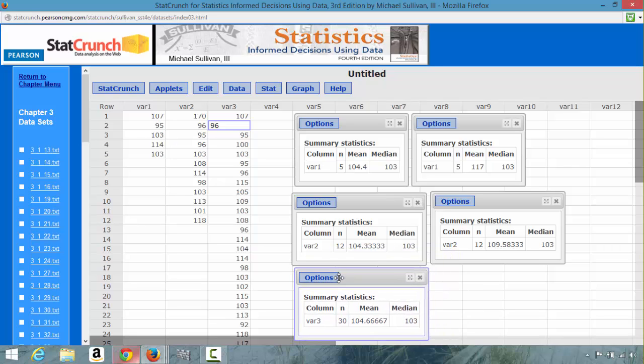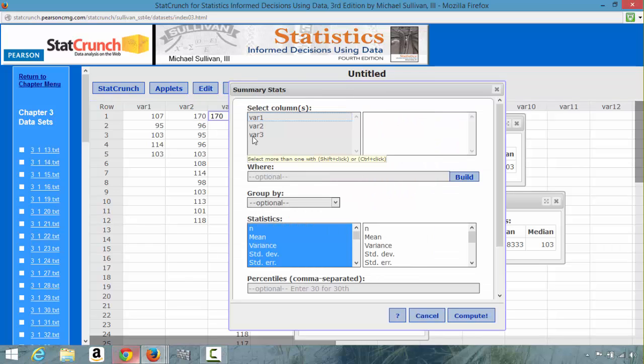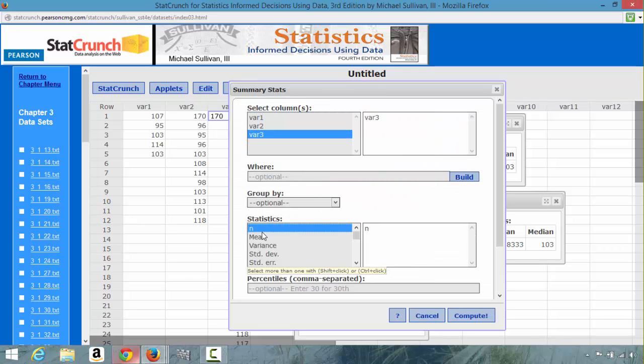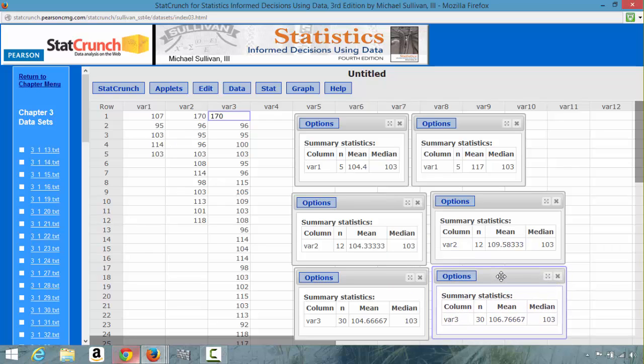So this is the third one for 107, and we change this to 170, and you see what I'm saying. Variable 3, sample size, mean, median. So you see, in each case, the mean changes.